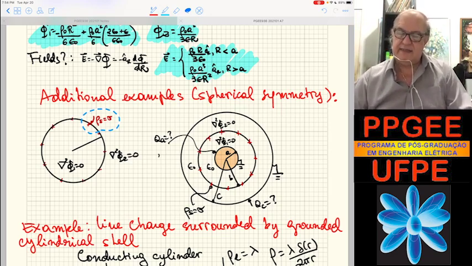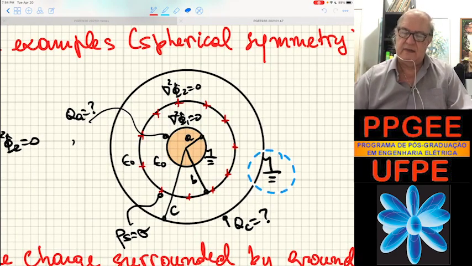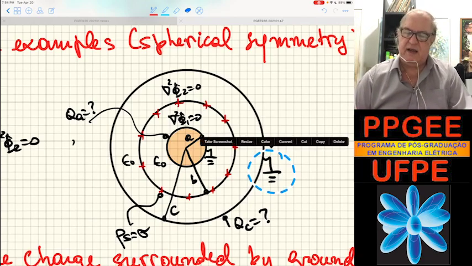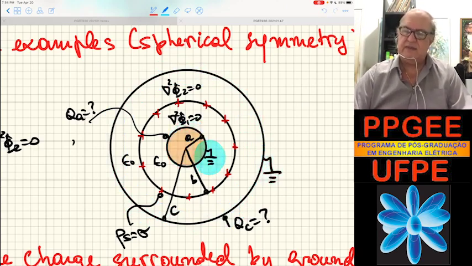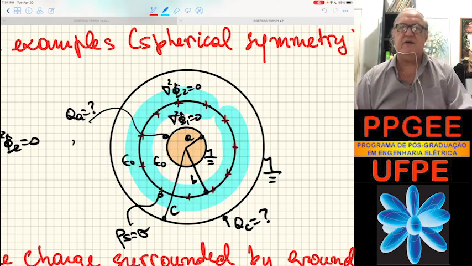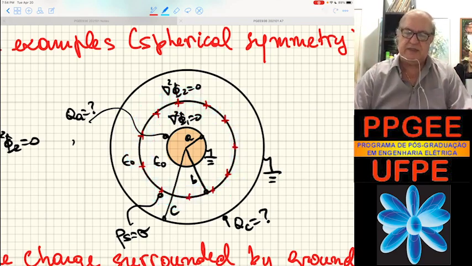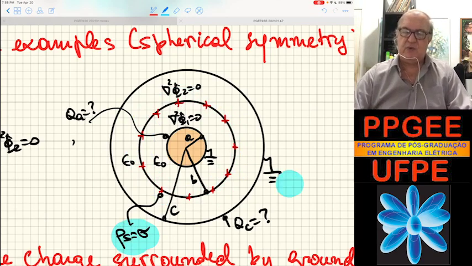Here, another example, we have two grounded surfaces, two conductors. This is a shell, let's say, this one here. There's a shell, which is grounded, and we have an inner spherical electrode, which is also grounded, and we have an intermediate spherical shell, which is charged with a given charge density. Then you have two regions again, right?